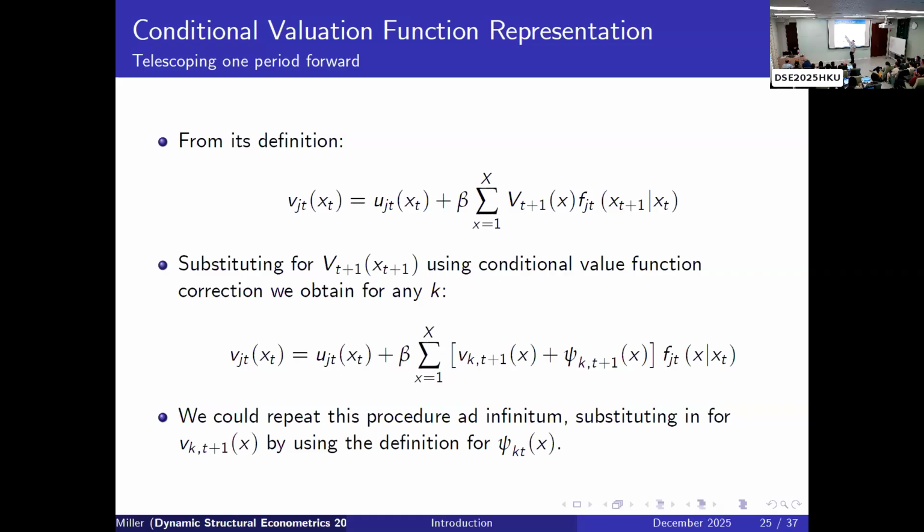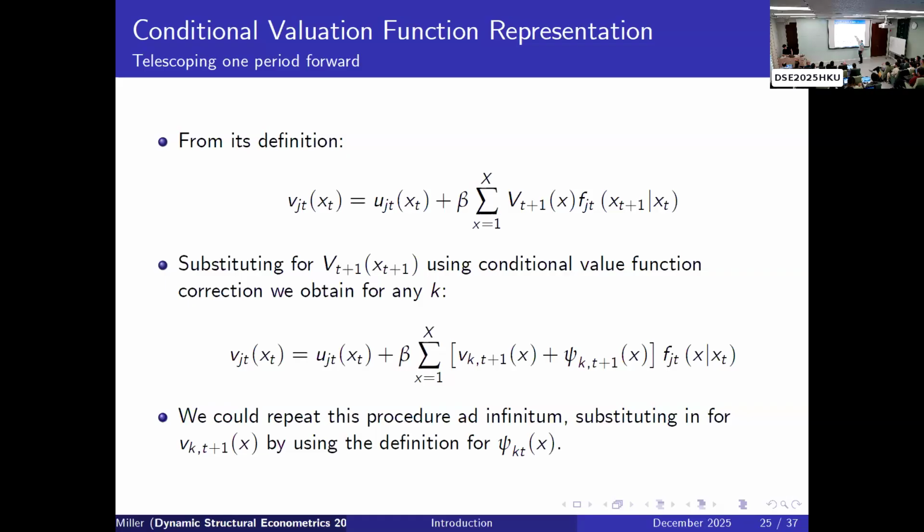Here's our conditional value function. It's the U that you get from this choice plus the expected surplus, or the social surplus, that you'll get from next period.